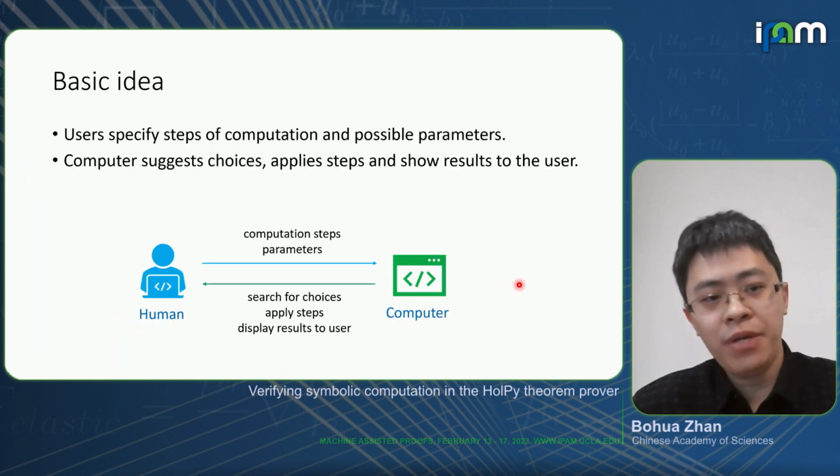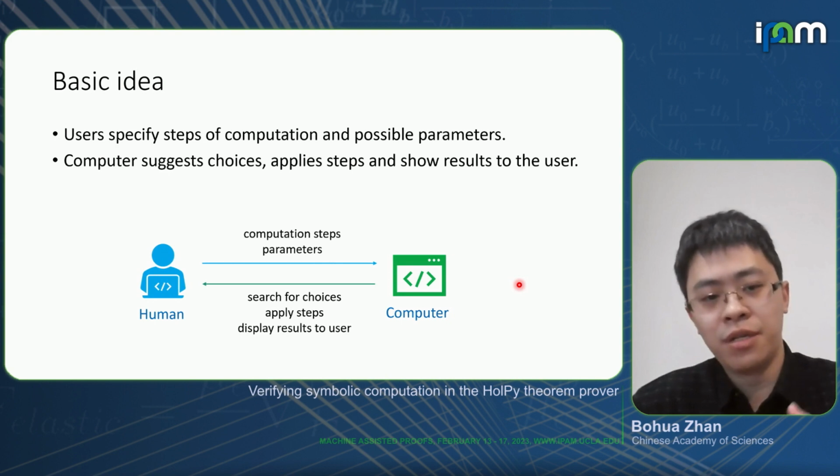Okay, so the basic idea of our tool is in a way still very similar to how an interactive theorem prover would work. The process of doing this symbolic computation is through an interaction between the human user and the computer.